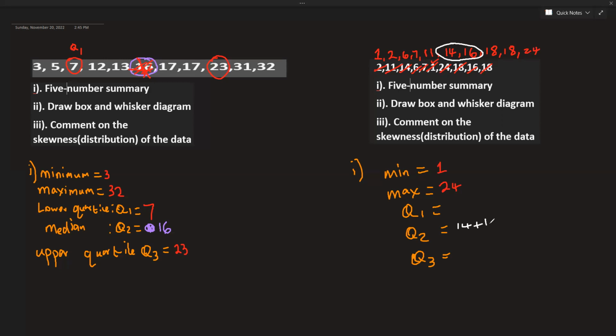So I have 14 plus 16, all divided by 2. That gives 30 divided by 2, which is 15. We can all see that.